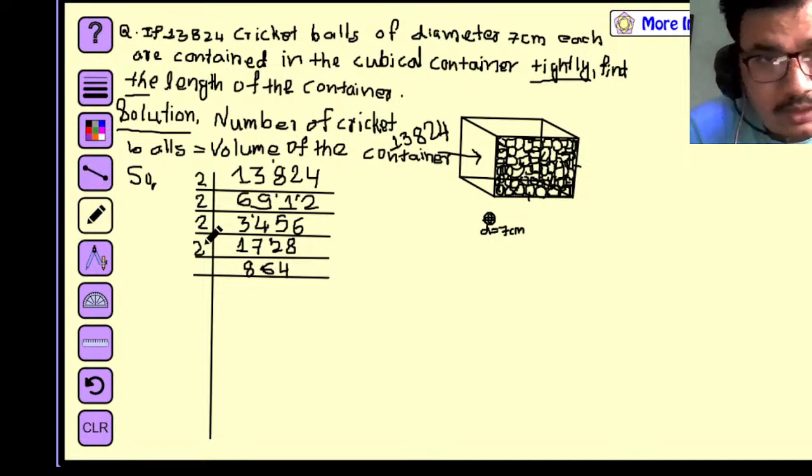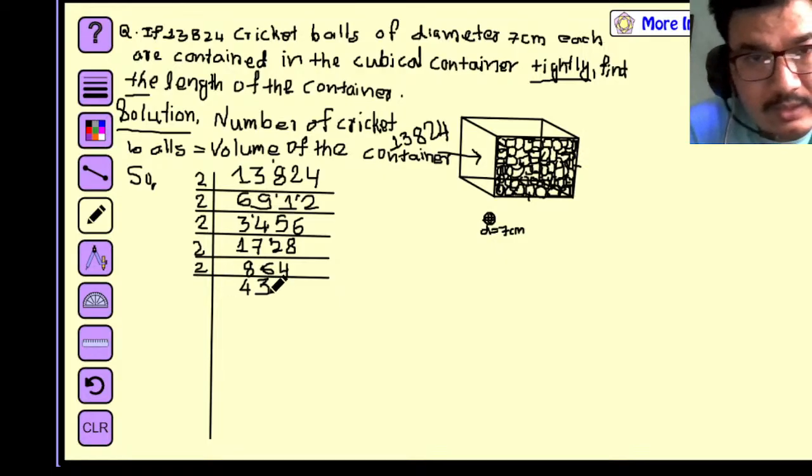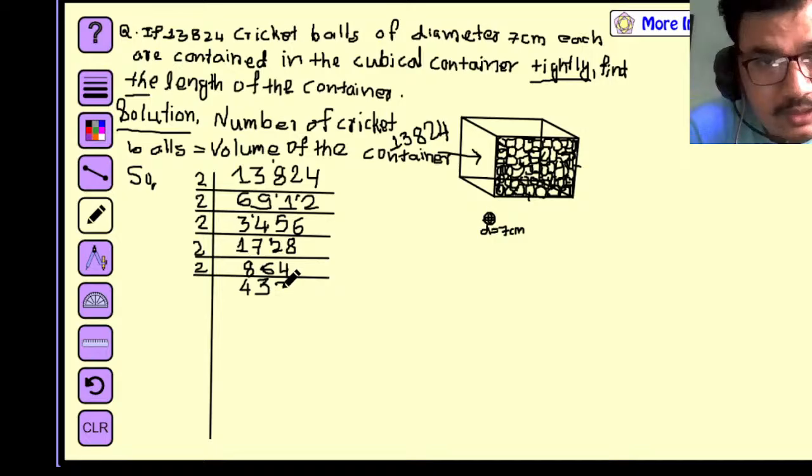Now let's do the line here again. Okay, now let's again factorize by 2 here. 2 4s are 8. 2 3s are 6, then 2 2s are 4, right? Now again let's draw a line.